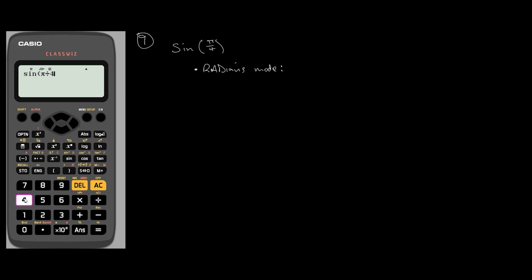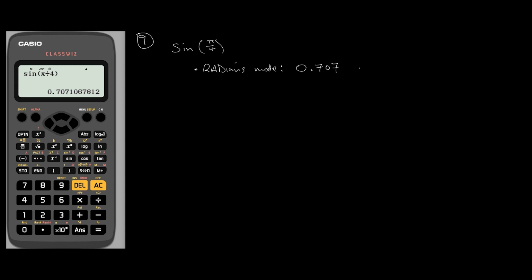Divided by 4. Close the bracket. And it gives us root 2 over 2. And you can hit this SD thing. You can go to a decimal answer rather than root 2 over 2. And you end up with the correct answer, 0.707.